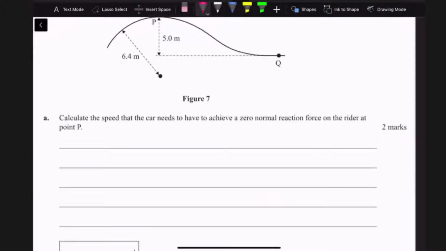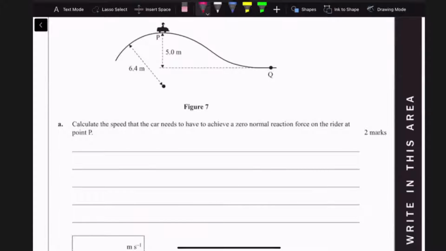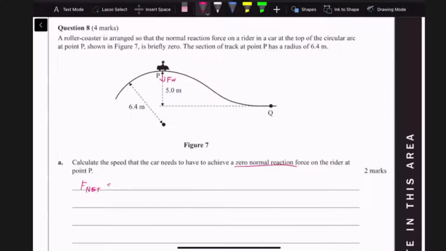So now we have a car going at the top of a roller coaster. Calculate the speed to achieve 0 normal force. So if we do F net at point P, there's going to be a weight force and a reaction force.